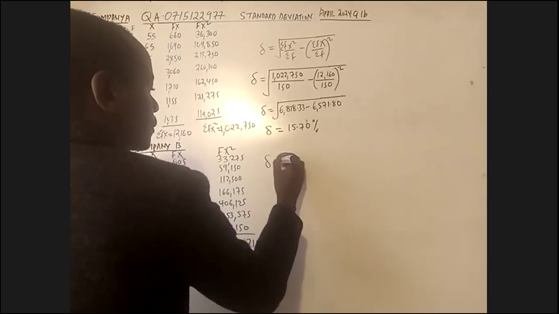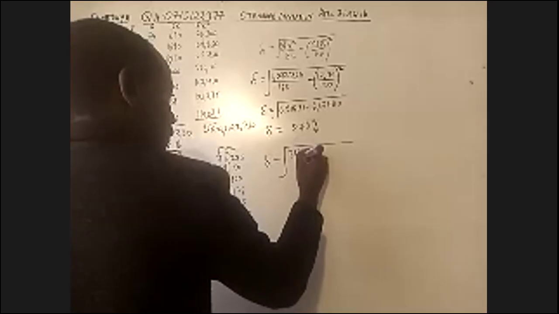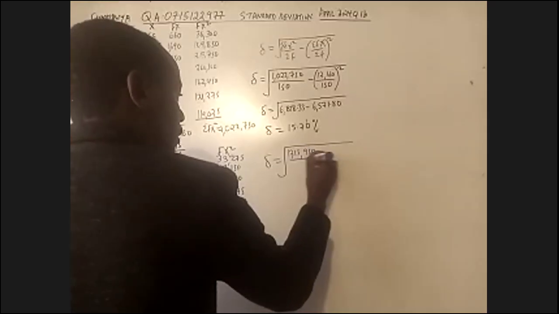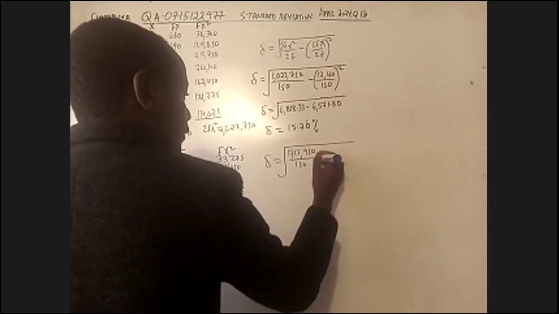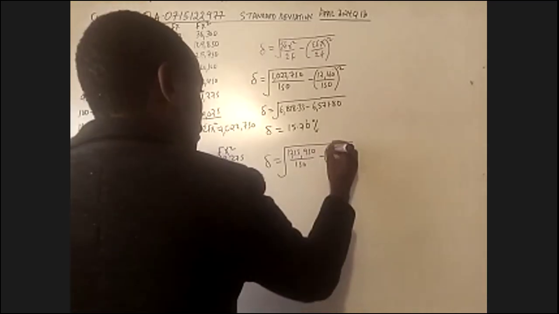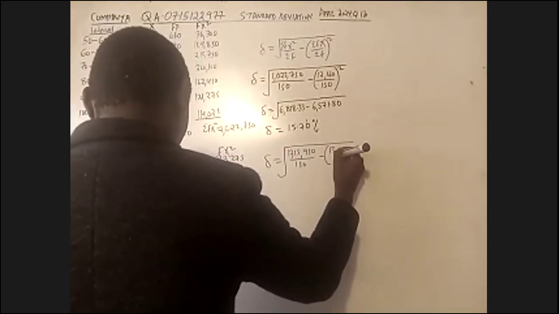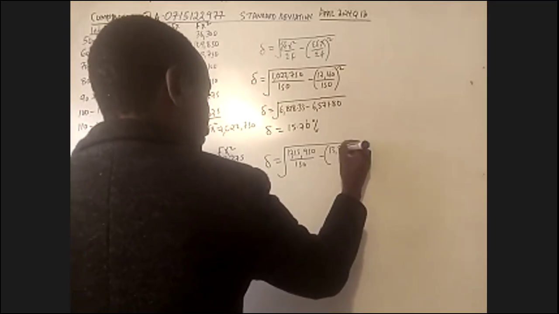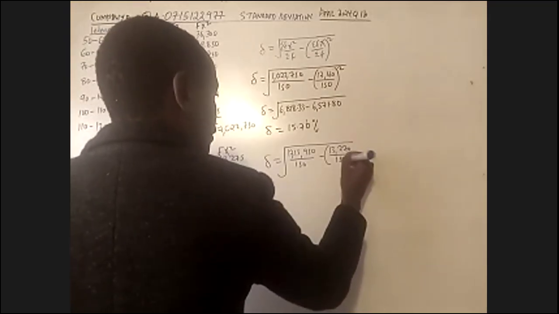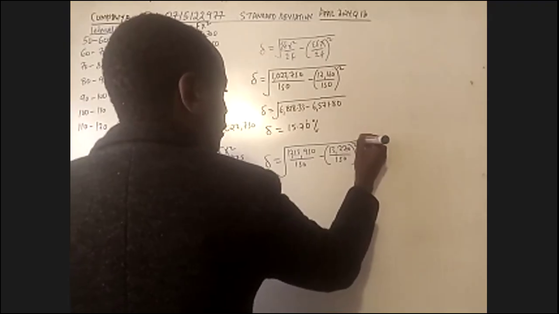The standard deviation is the square root of summation of fx squared, which is 1,215,950 over 150, minus fx, 13,270 over 150, squared.